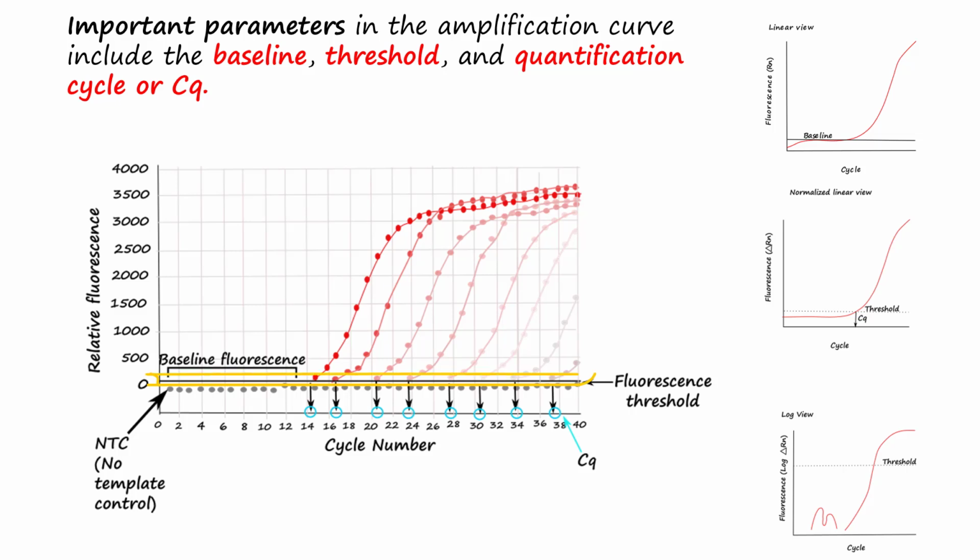The threshold is the level of signal that reflects a statistically significant increase over the baseline signal. The quantification cycle or CQ, sometimes called the threshold cycle or CT, corresponds to the PCR cycle in which the sample amplification curve crosses the threshold level. CQ is critical for determining the initial amount of amplified product.